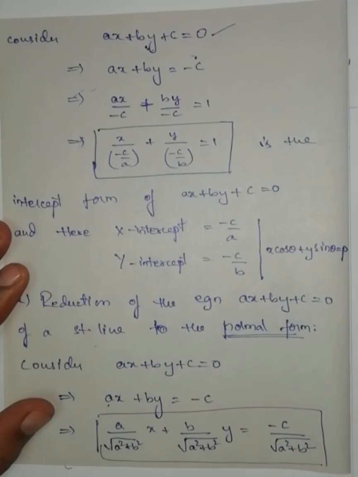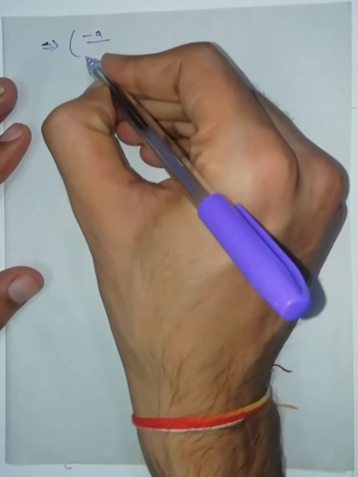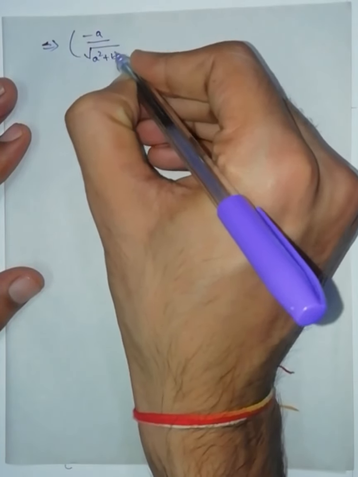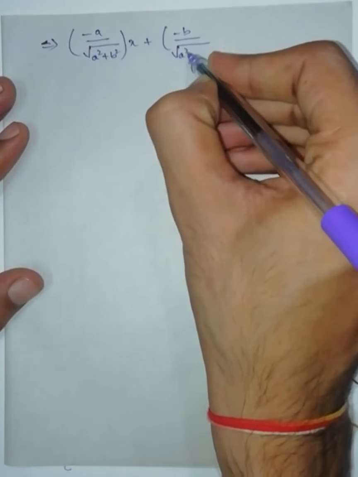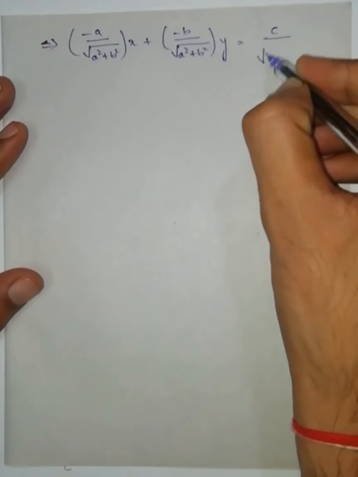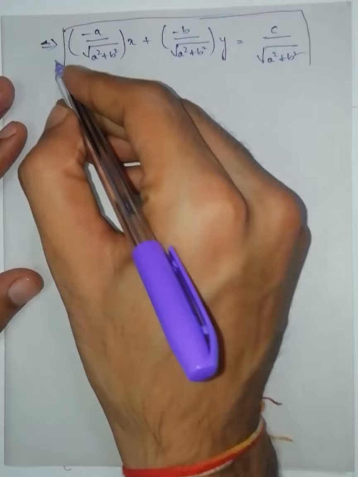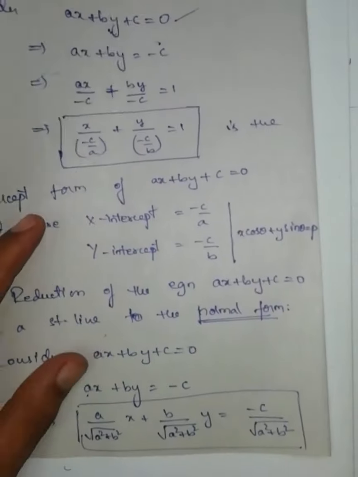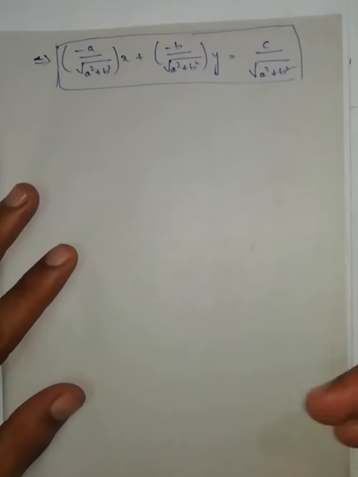Now I am going to send this minus to the left hand side. So this also implies minus a by under root a square plus b square into x plus minus b by under root a square plus b square into y is equal to c by under root a square plus b square. Let us take the first as equation number 1 and the second as equation number 2.